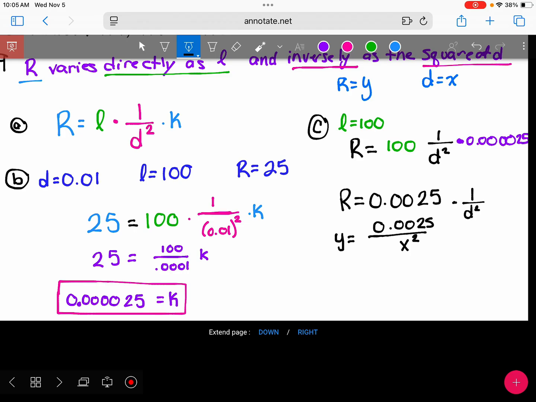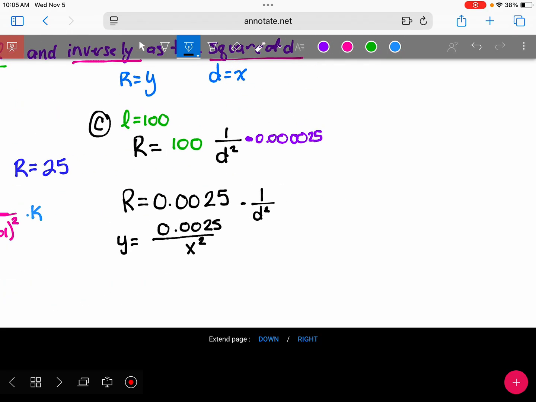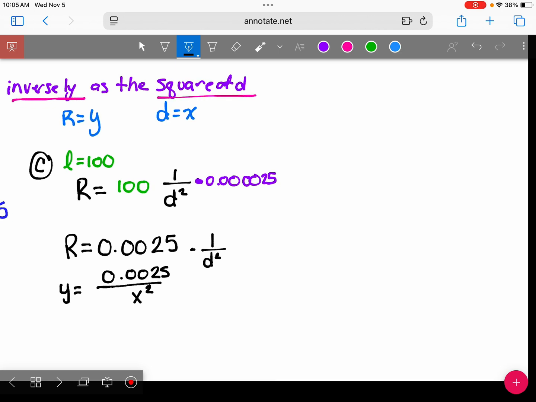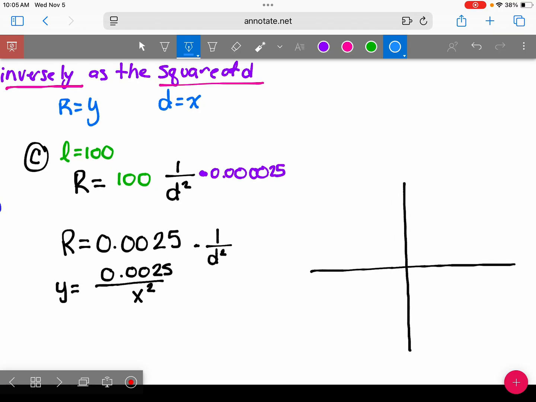So I'm going to change my page just a smidge. When we go into graphing this and just trying to sketch our graph, where are we going to have asymptotes?